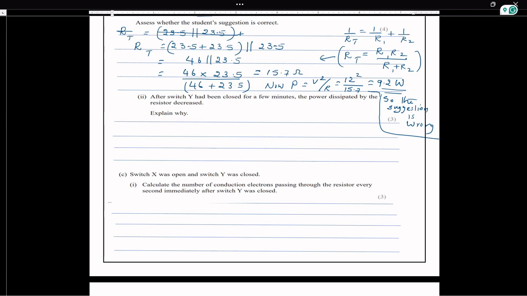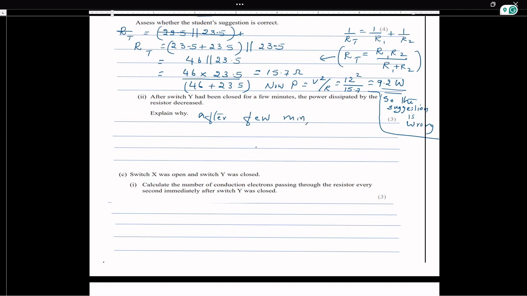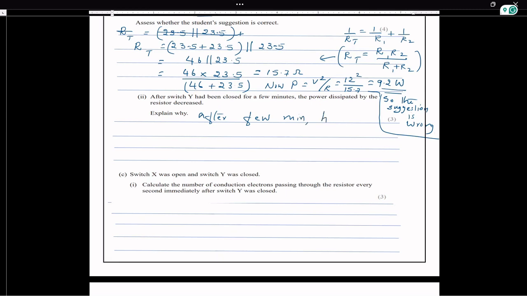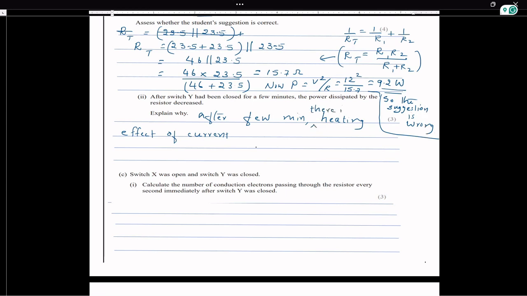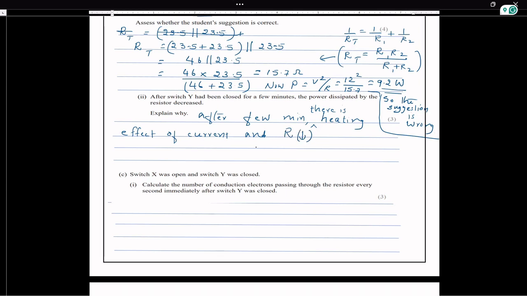After a few minutes, there is the heating effect of current, and the temperature increases when current is passing.